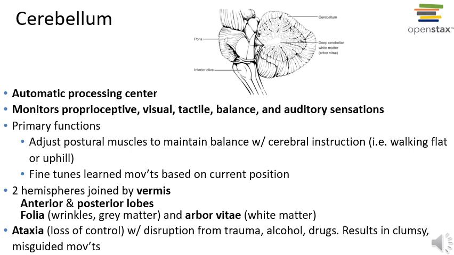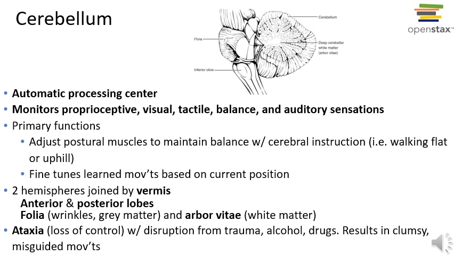Anatomically, the cerebellum has kind of the same organization as the cerebrum. It consists of two hemispheres. This time they're joined by some region called the vermis. It consists of an anterior and a posterior lobe, and the outer surface of the cerebellum features wrinkle-like folds called folia, and those are technically gray matter.